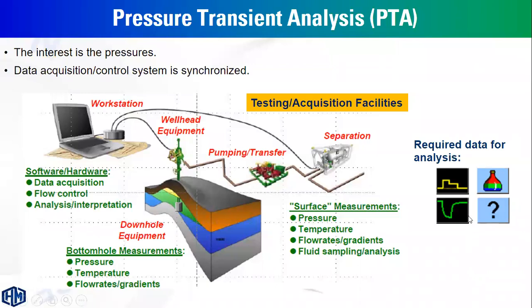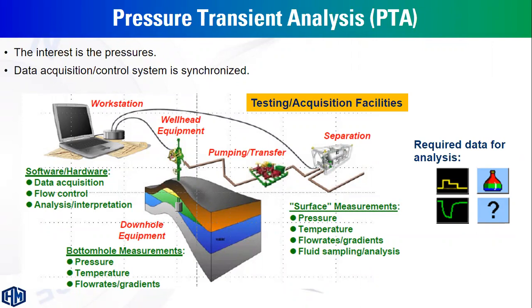Other data like fluid sampling and the reservoir, and the details of the completion string are required for pressure transient analysis.